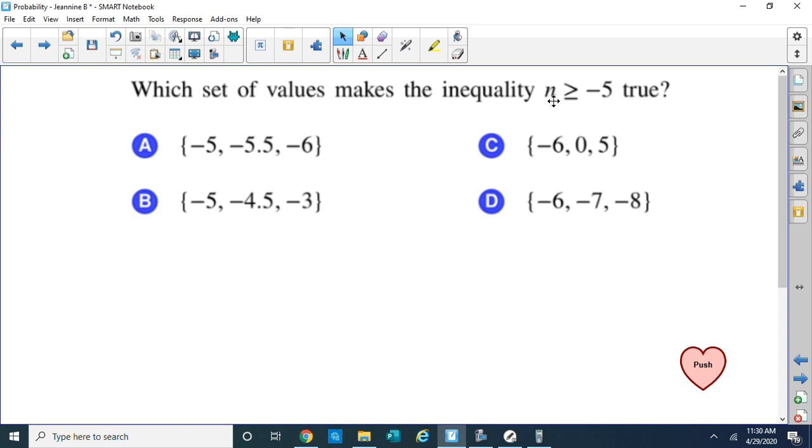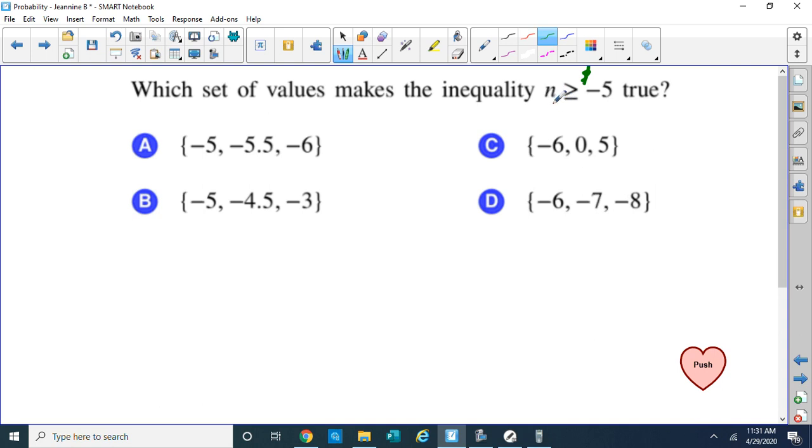Now, when we are using negative numbers, I like to tell my students to use money. So I'm going to put the famous dollar sign there. When we're talking about negative money and these inequality or comparison symbols that deal with less than or greater than or equal to, I like to use the words "more than" or "better than" to make it a little bit easier to deal with.